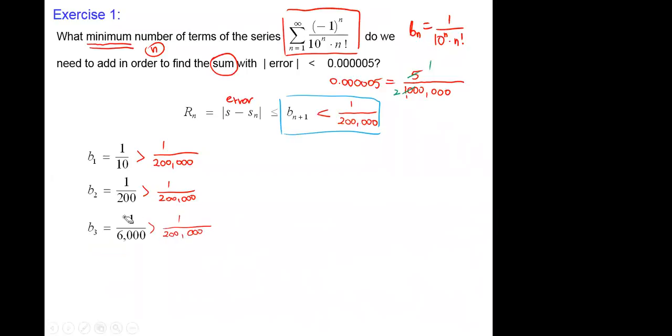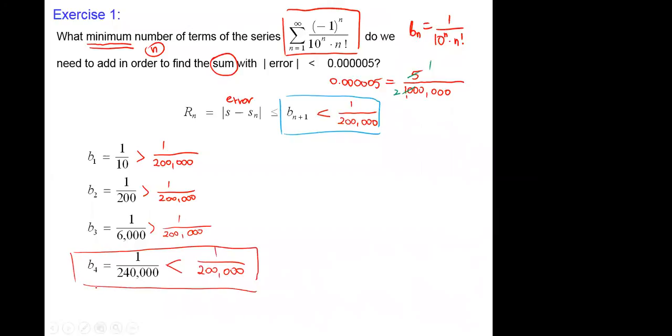And what about b sub 4? Interesting. 10 to the power of 4 is 1 and 4 zeros, and 4 factorial is 24, so 24 and 4 zeros. Great. Now I can say that this term is definitely smaller because the denominator is greater.